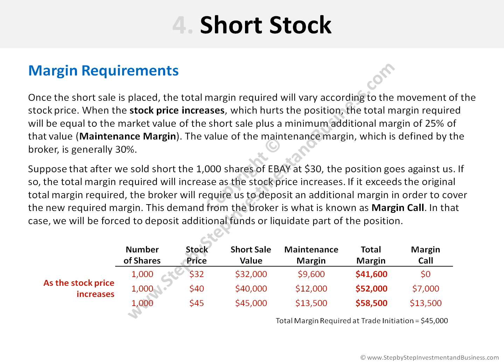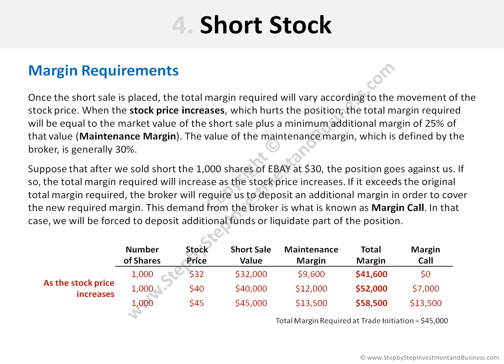As the total margin required at trade initiation had been $45,000, at that time we will be $7,000 below the required margin. So, an additional deposit of $7,000 will be required to maintain our short position. That is, we will receive a margin call for $7,000.